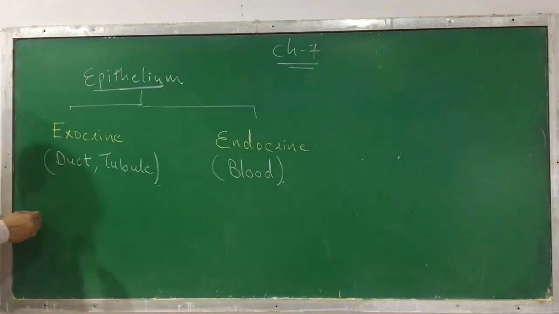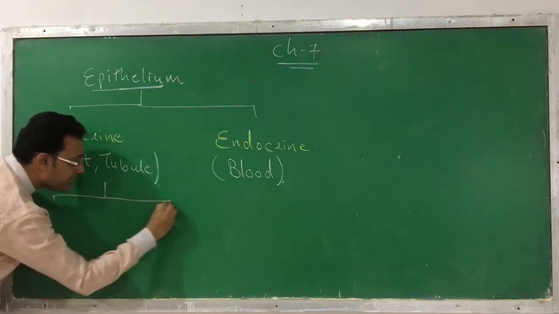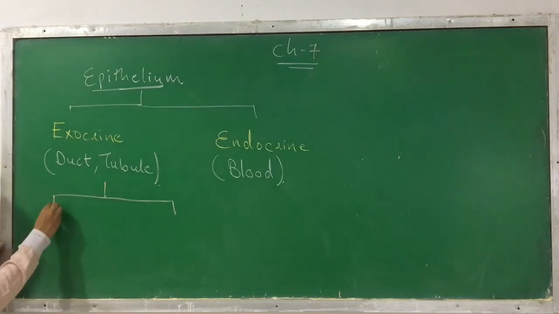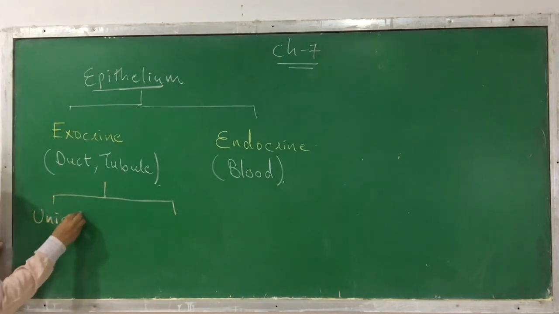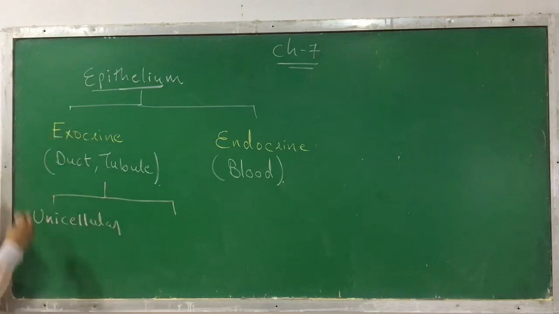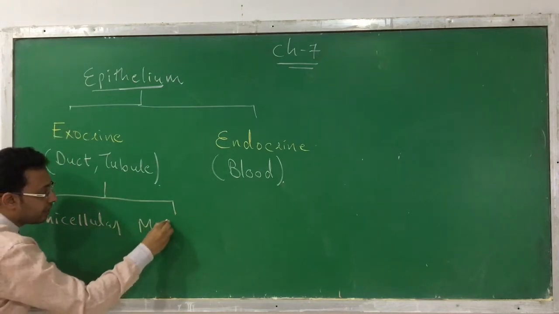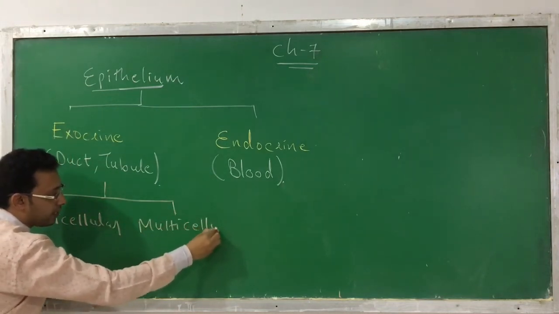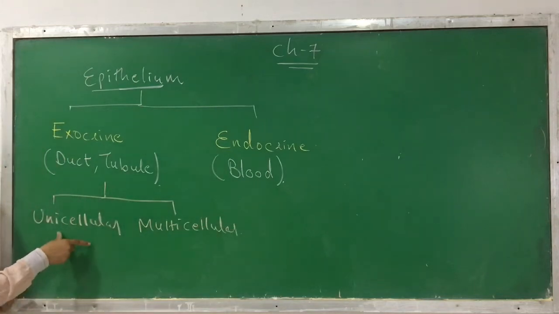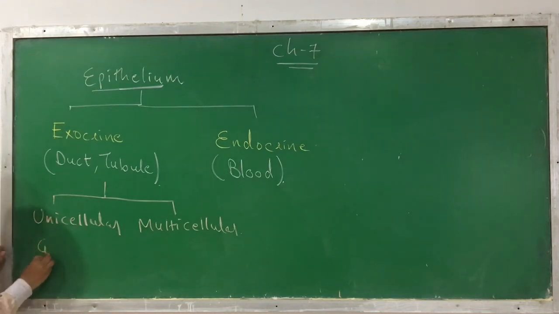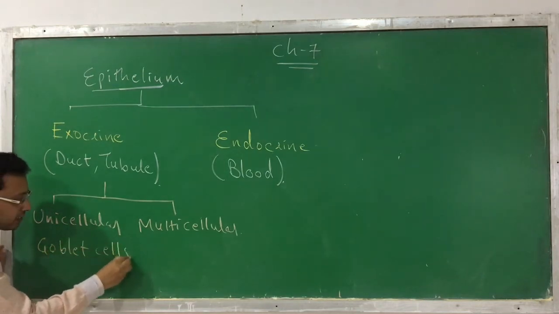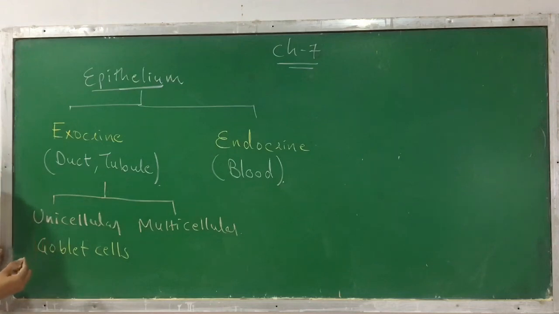These exocrine glands can be of two types based on the number of cells: unicellular exocrine gland, and the second one is called multicellular exocrine gland. The name itself suggests that a unicellular exocrine gland is made up of just one cell. For example, goblet cells secrete mucus.